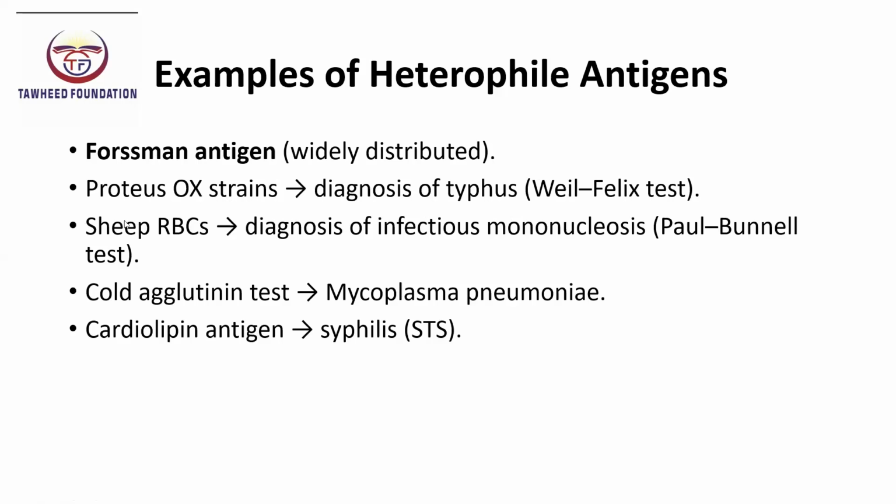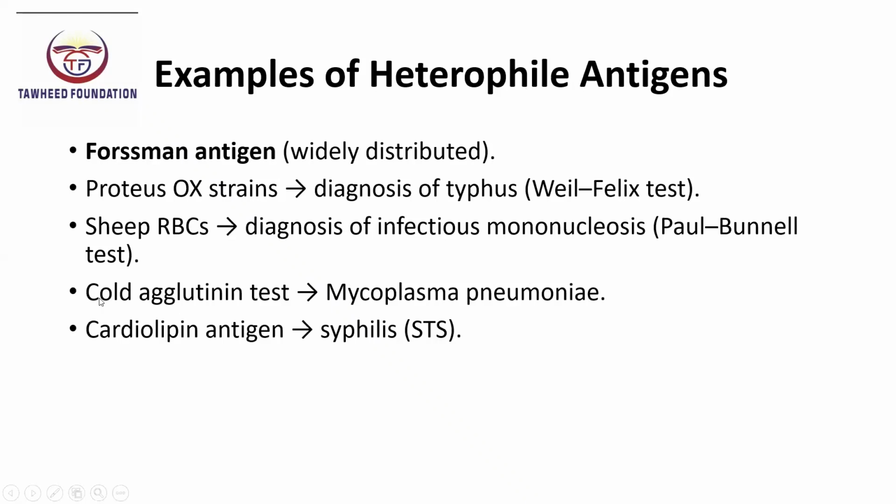Similarly, sheep RBCs, red blood cells, are used in the Paul Bunnell test to detect infectious mononucleosis caused by the Epstein-Barr virus. In this test, antibodies in the patient's serum agglutinate the sheep RBCs due to cross-reactivity with heterophile antigens.